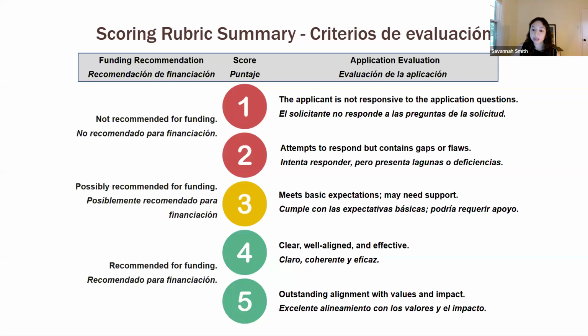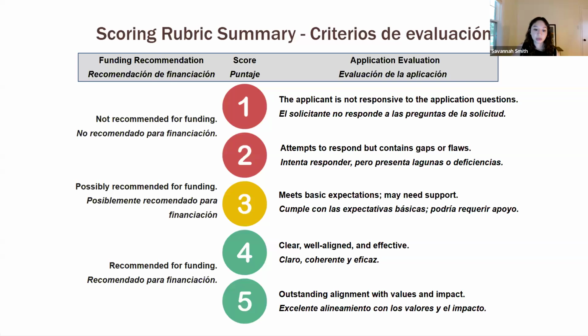A response that scores a 2 may not align with the goals of the fund, or the applicant does not clearly describe how they'll complete a project. Applicants that score predominantly 1s or 2s are, again, not likely to be funded. The CEC has not been chosen yet, so we are currently in the process of doing that.